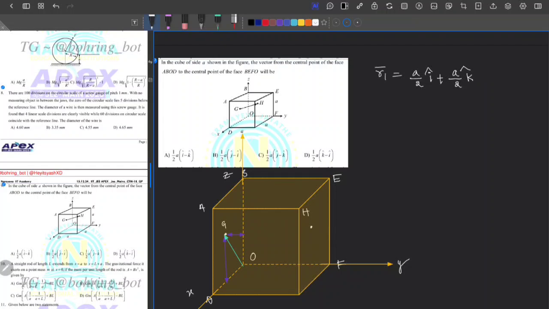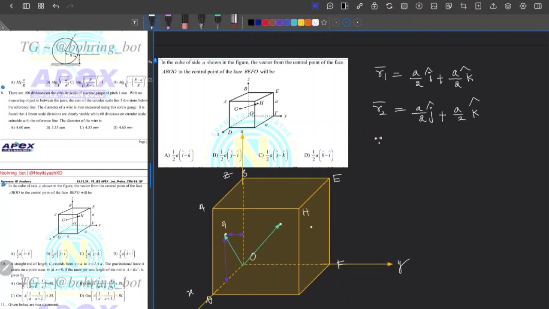It is in this plane. Which plane is this? The plane B E F O. It is somewhere here in it. So let me draw the position vector of that. The position vector is like this. So I can write R2 bar equal to a by 2 j cap plus again a by 2 k cap, right?